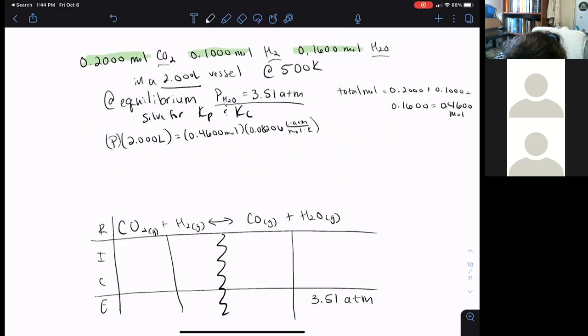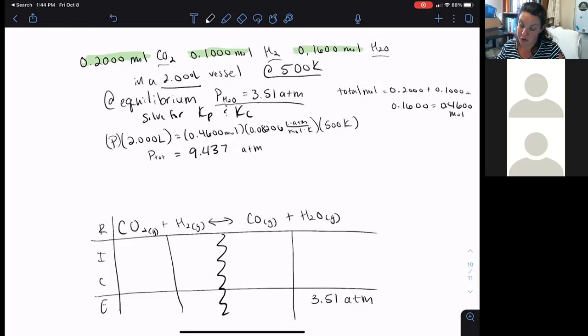And then our temperature, 500 Kelvin. Okay, so we take 0.4600 times 0.08206 times 500 and then divide by 2 liters, giving us a total pressure of 9.4369 atmospheres. And we want it in 4 sig figs, so I'll go ahead and put that there.